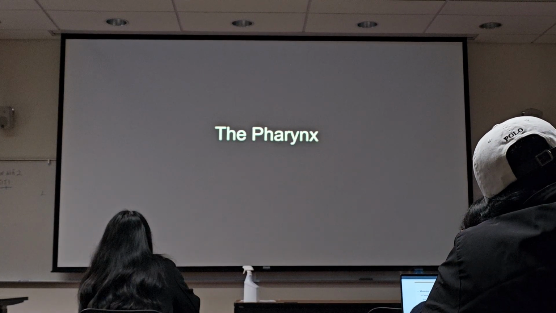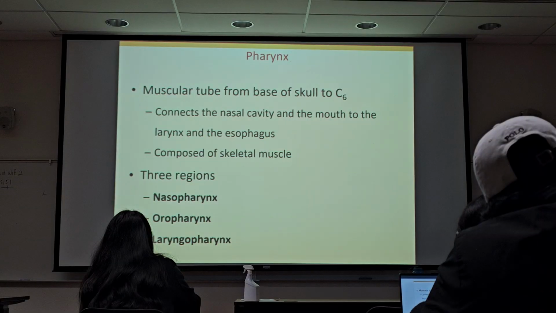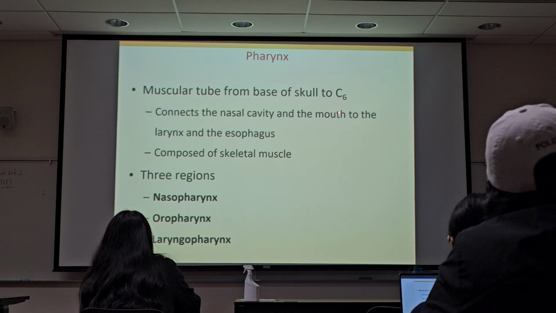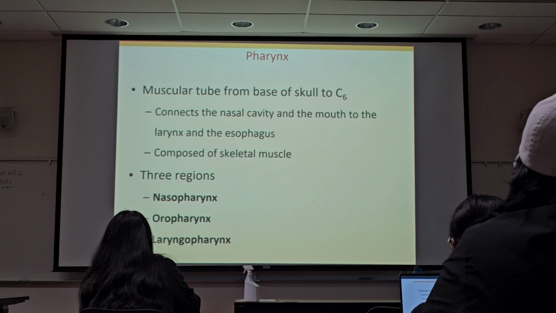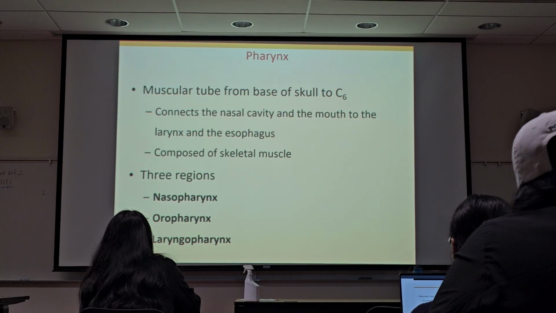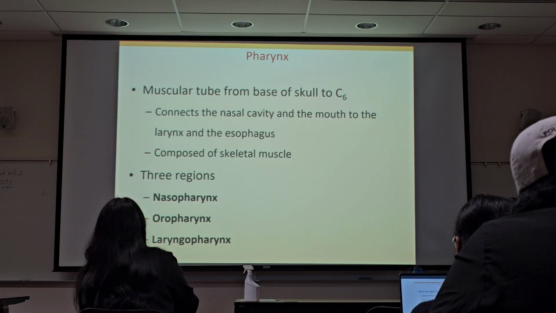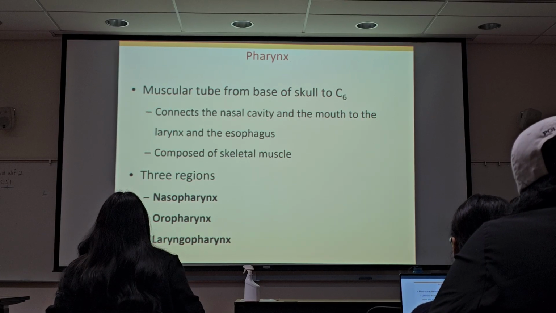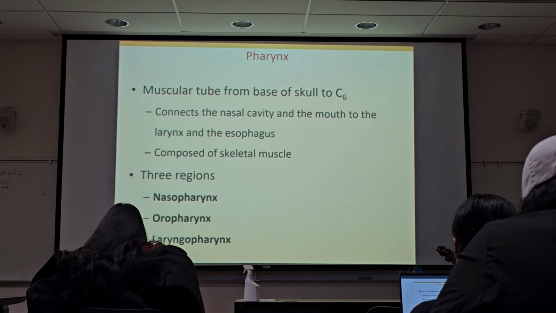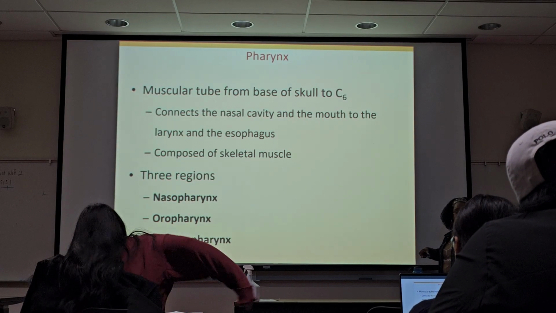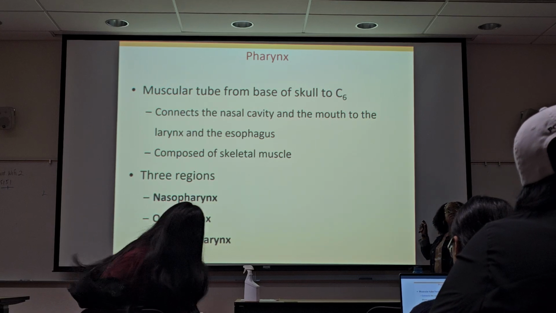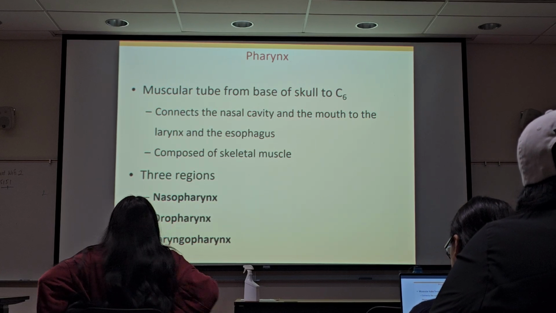This is just a tube running from the base of the skull all the way down. It connects the nasal cavity to the oral cavity, and then eventually to the larynx or the esophagus. So we can head into the respiratory tract down the larynx, or the digestive tract down the esophagus.